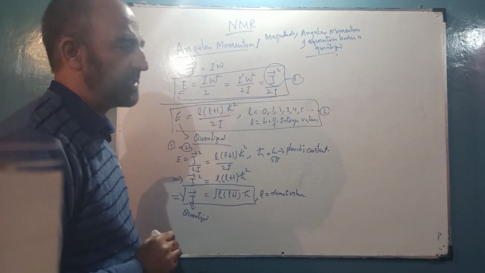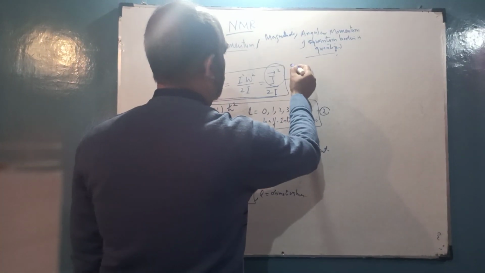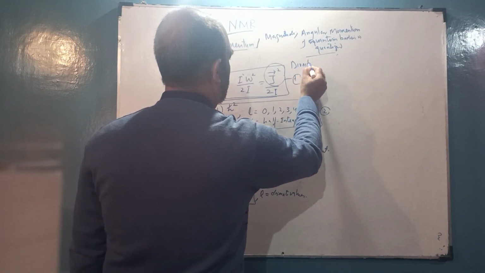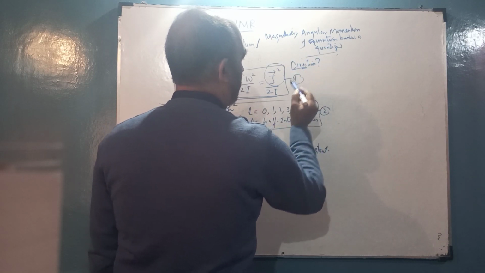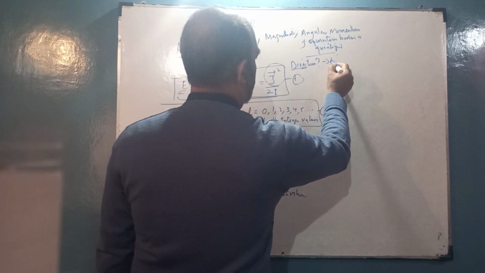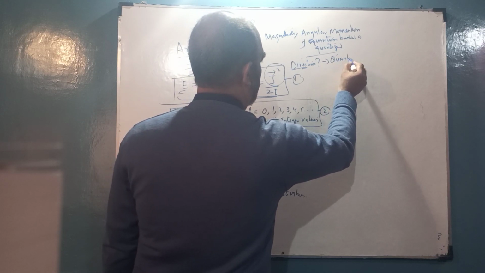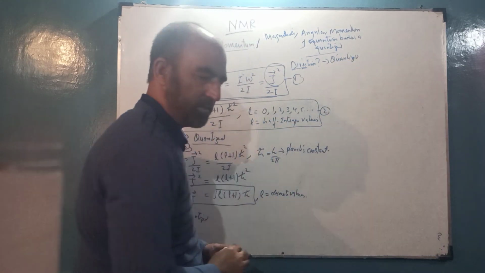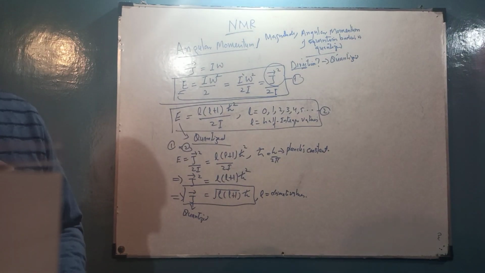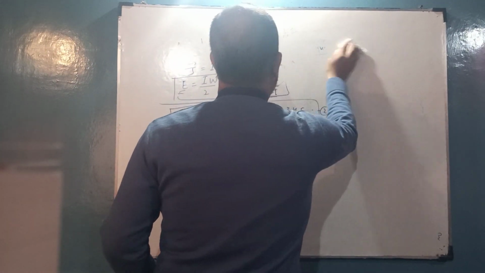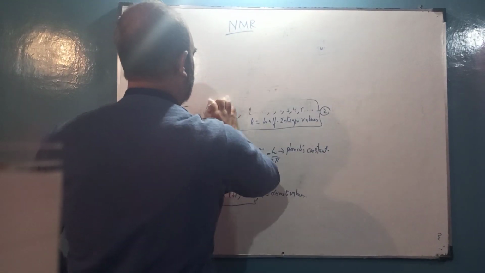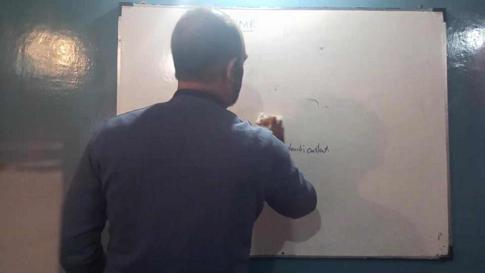Now that's about the magnitude. And what about the direction? The direction of the angular momentum is also quantized. And that is more important with respect to the NMR spectroscopy technique. So we will talk about the direction of angular momentum and what we mean by the direction.